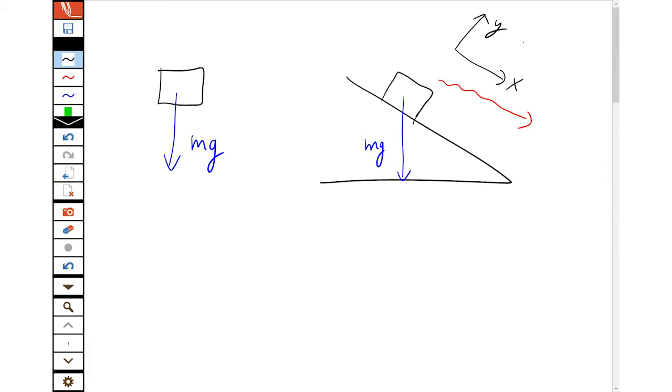So we want to break up this weight into components. Now we can go through the whole trigonometry of it if you want, and I'll show you that in a bit because some people want to see it. But we can just say, we know that's going to break up into an x component and a y component. And we know there's going to be a cos and a sine in there, because that's how you break those things up.